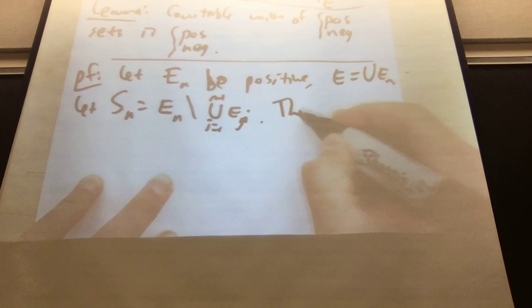Okay? Not only do they have measure 0, but any subset of them has measure 0. Nu signed measure 0. Okay. Let's prove a lemma to prepare for this.